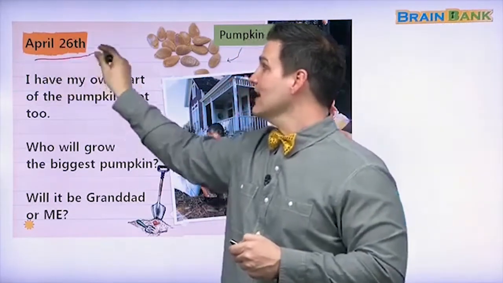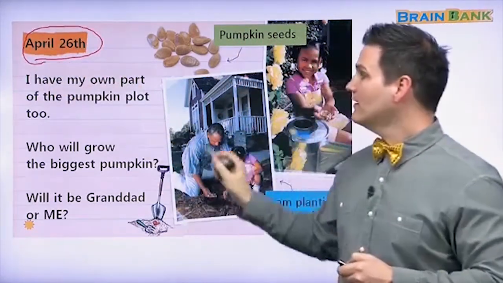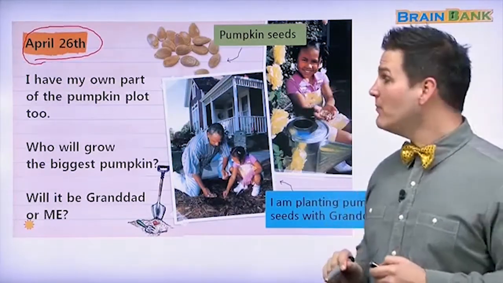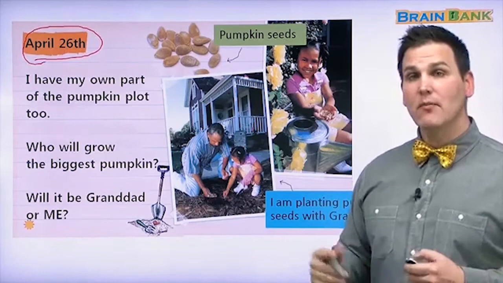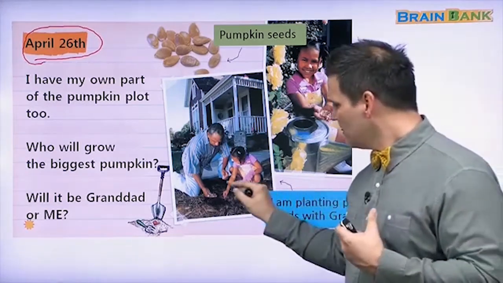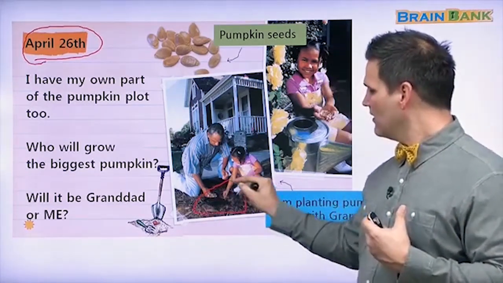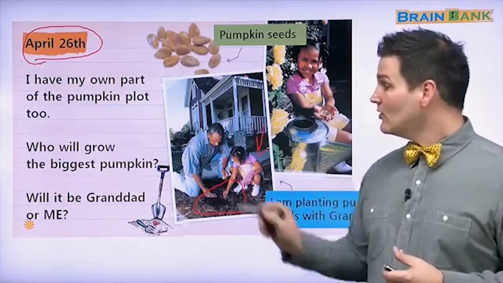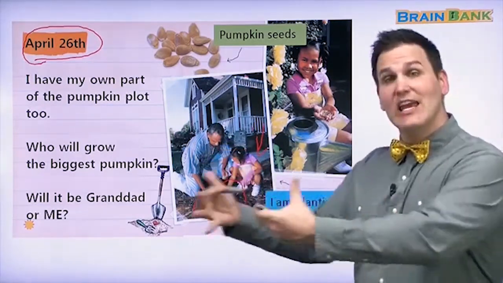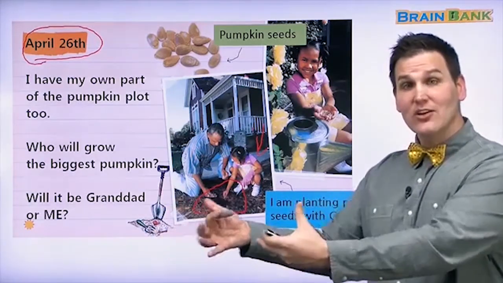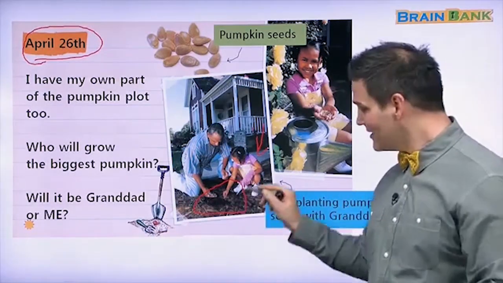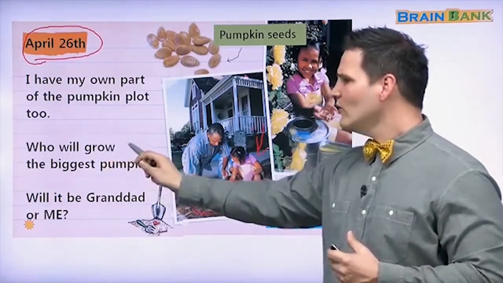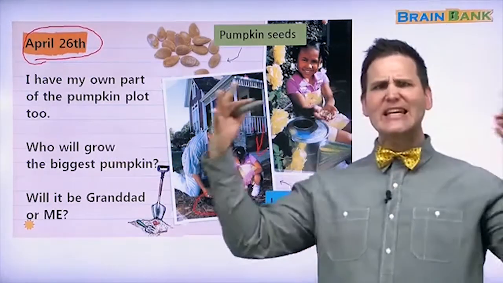Still the same day, I have my own part of the pumpkin plot. My own. This area belongs to this little girl. Granddad gave it to her and said, grow your pumpkins here. Who will grow the biggest pumpkin?